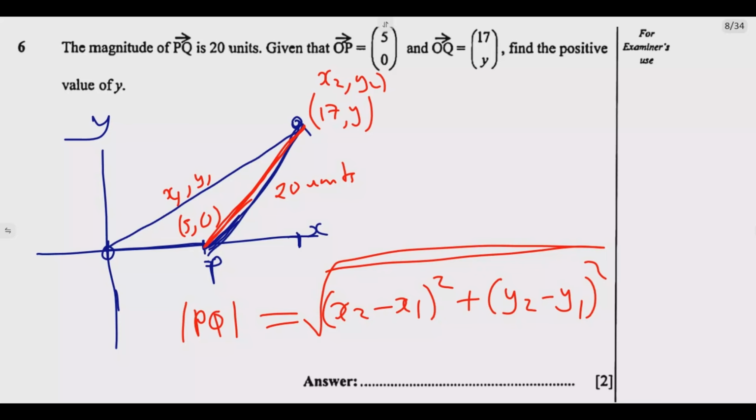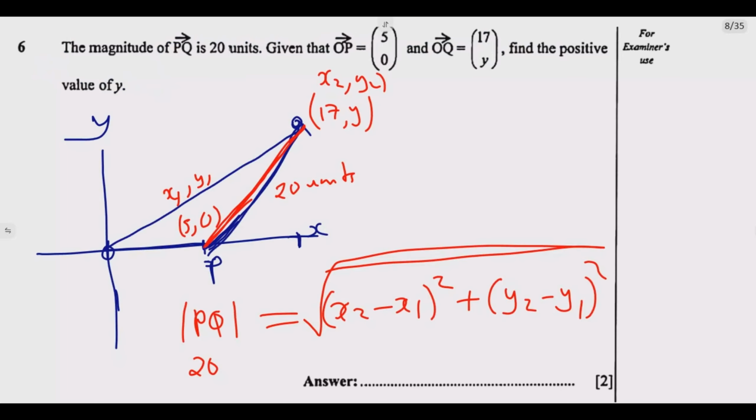So we know the values, and we know this distance is 20 itself. So it is just a matter of substituting. What this tells me is we have 20 is equal to the square root of, so what are the values of x2 and x1? x2 is 17, x1 is 5.